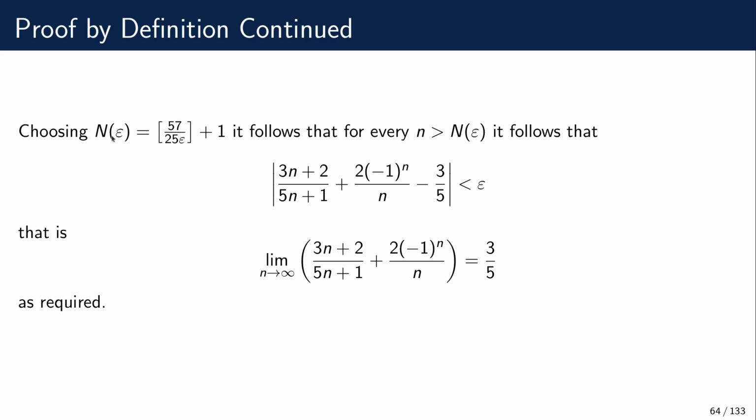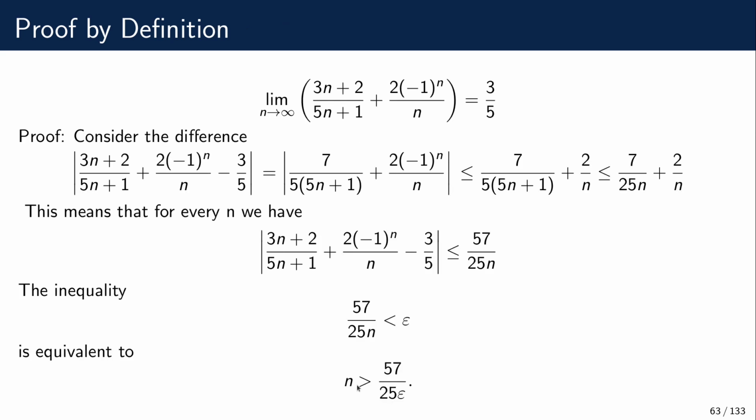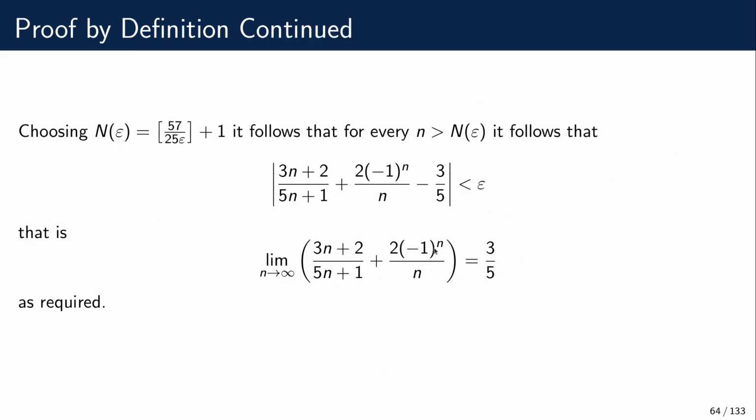We have seen this trick previously. So now for every n that is bigger than n of epsilon, this n is in particular bigger than 57 over 25 epsilon, which is equivalent to this being smaller than epsilon. But this expression is bigger or equal to this expression, which eventually means that this distance will be smaller than epsilon. So here is a way of computing this n of epsilon.